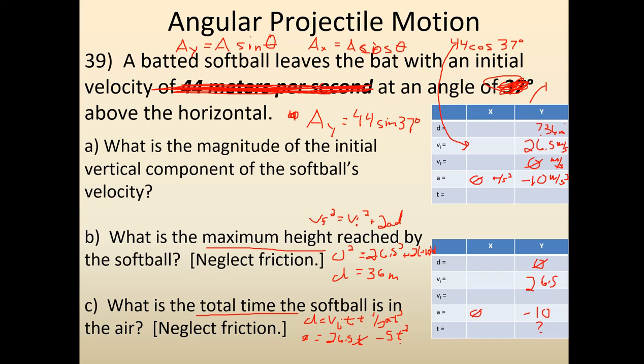I have a t here and a t here, so I'm going to divide it out. So now I have 0 equals 26.5 minus 5t. Add the 5t over, do 26.5 divided by 5, and you end up getting that the total time it's in the air is 5.4 seconds.